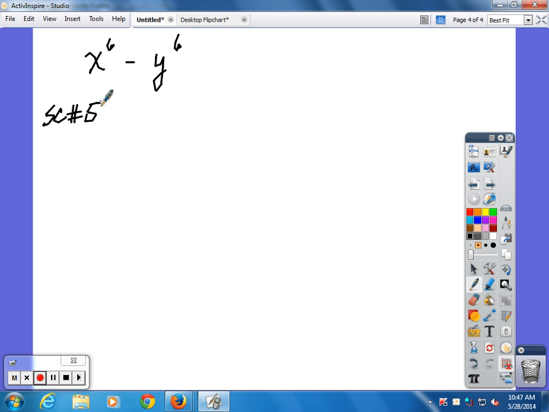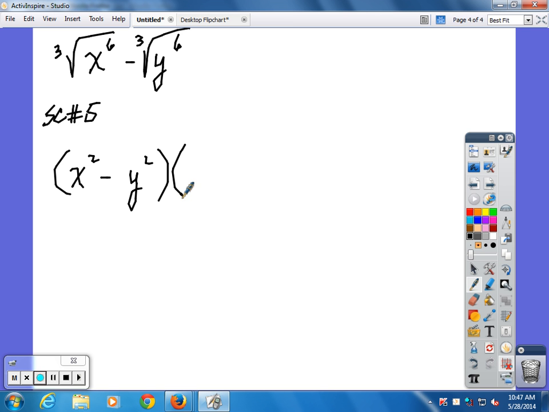So I've got to take the cube root of this guy and the cube root of this guy. And that'll be x squared minus y squared times x to the 4th plus x squared y squared plus y to the 4th. Now I can't do anything with this, but what can I do with this guy?